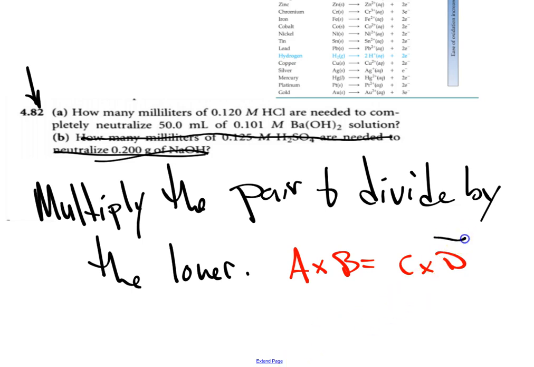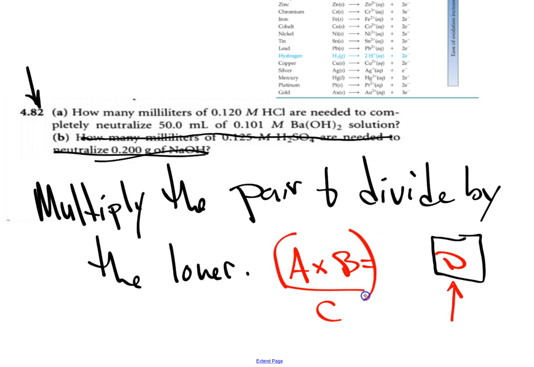So if I asked you to solve for D, you would simply take A times B and divide it by C. Correct? All right, so please look at what this sentence is saying. It's saying to find this unknown, we multiply the pair and we divide by the loner.